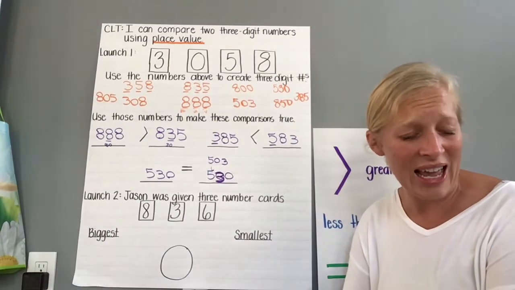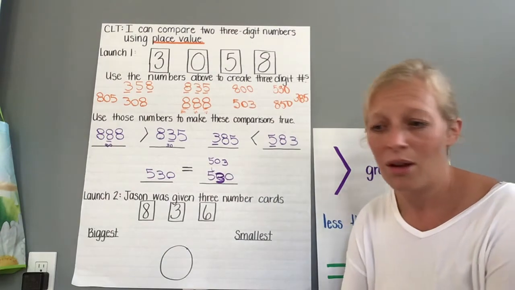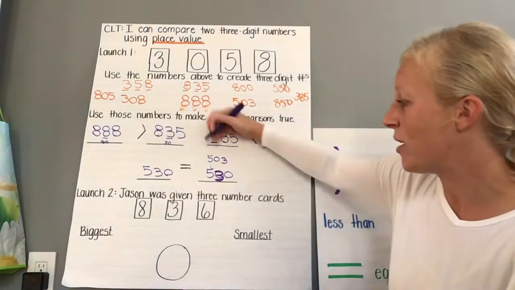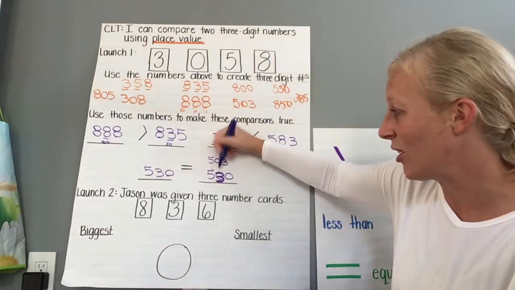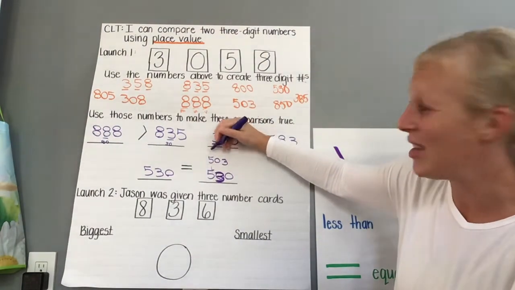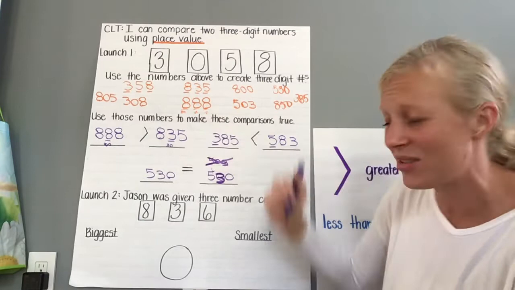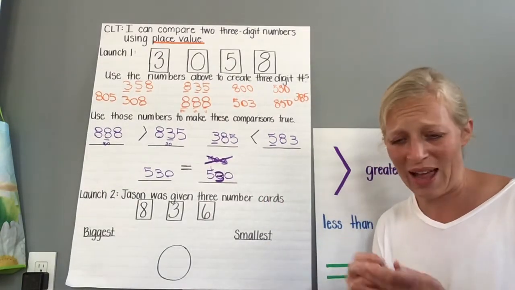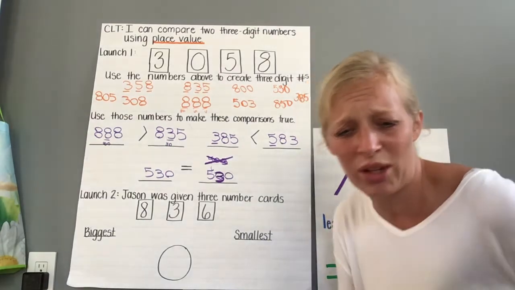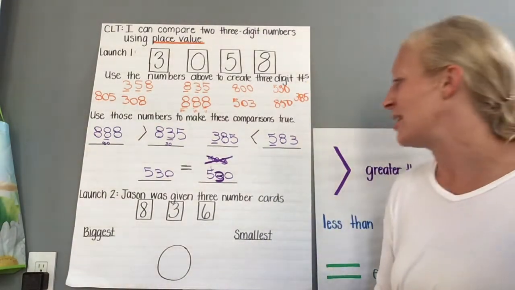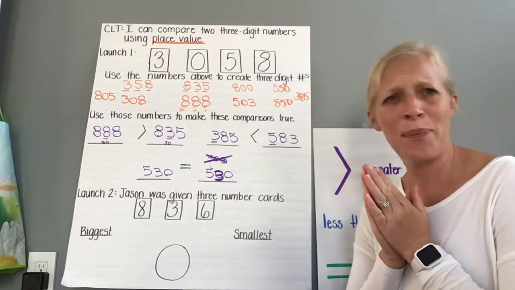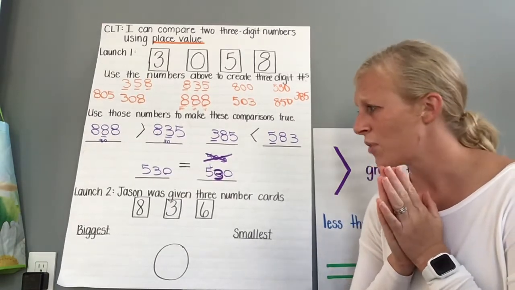Would it have been the same? Why not? Because my 3 is worth 30 here, and my 3 is only worth 3 here. So that would not have stayed the same. They would not be equal anymore. You are correct. Oh, kiss your brains. You are really grabbing on to this idea of comparing these 3-digit numbers. Yes, yes, yes.